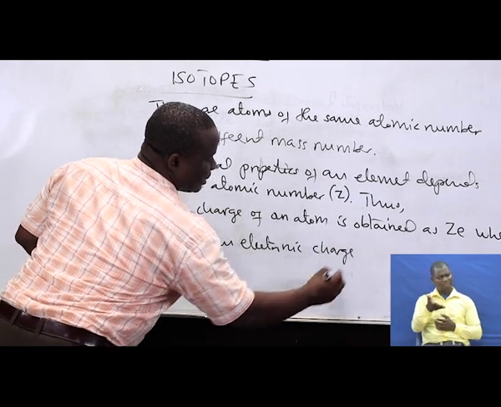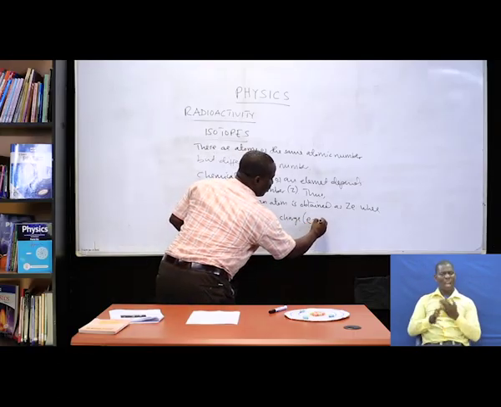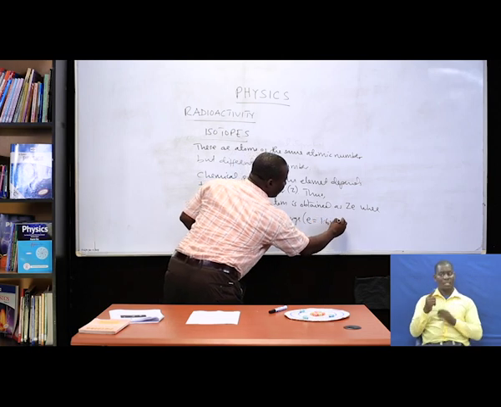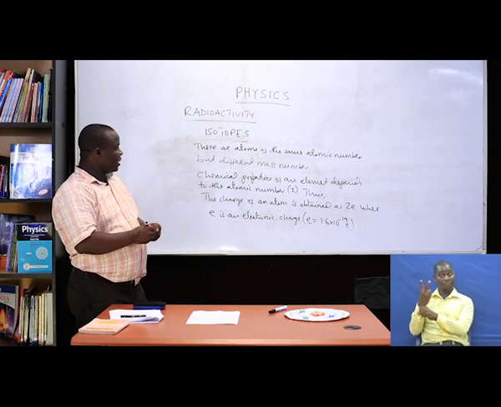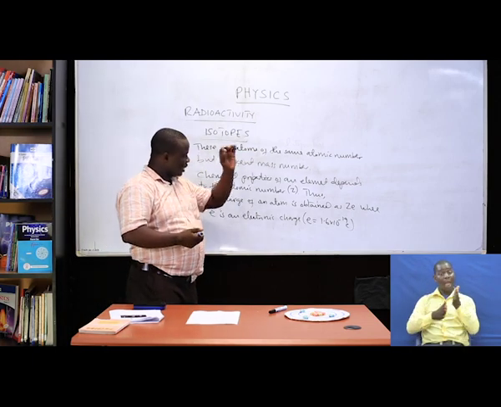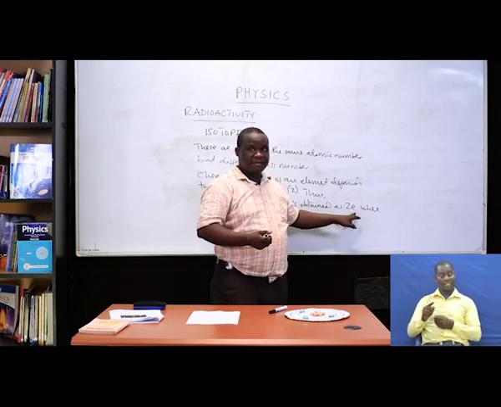We all remember that the electronic charge e has a magnitude of 1.6 times 10 power negative 19 coulomb. So if you need to know the charge of a particular element, you have to take Z times e.